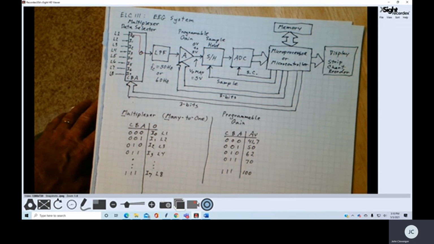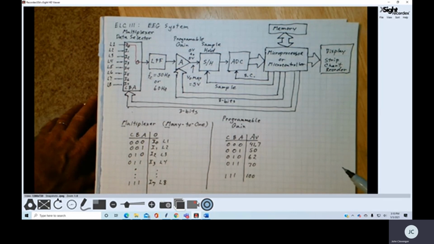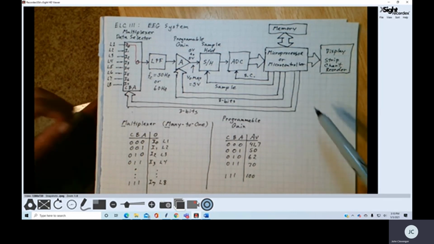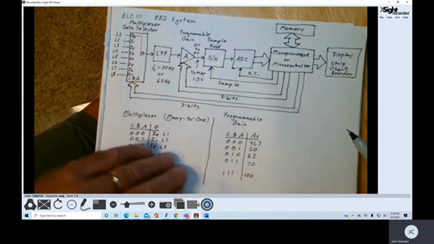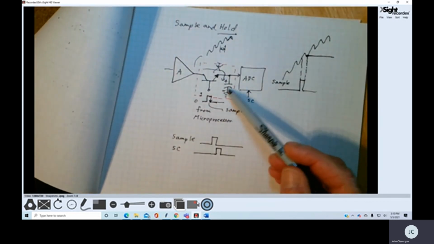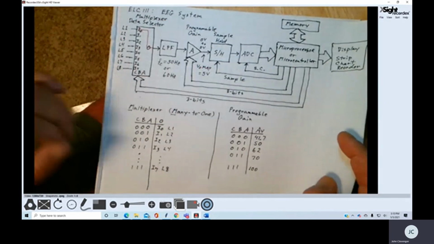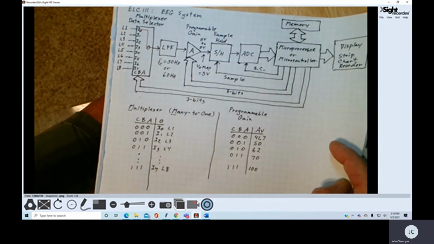So this is my take on the entire EEG system, looking at it with respect to a block diagram, where, with the exception of what we looked at with the sample and hold circuit, showing the transistor and the capacitor, we don't really think of this in terms of schematic symbols of resistors and capacitors and transistors and such.